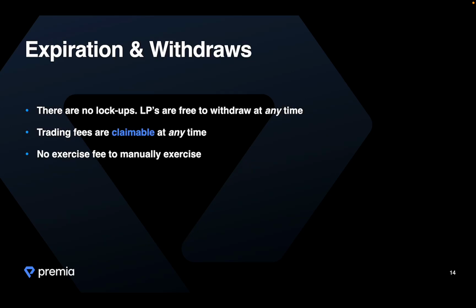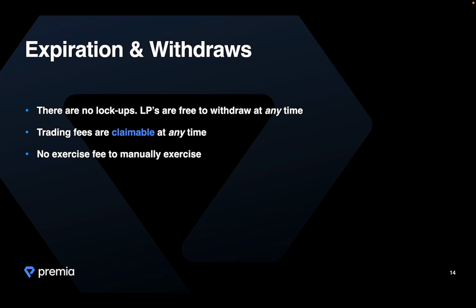So expirations and withdrawals. There's no lockups for LPs. So if I put a range order, I could remove it at any time I want. The fees that are collected are actually separate from the range order itself. And so I can collect these fees at any point in time.